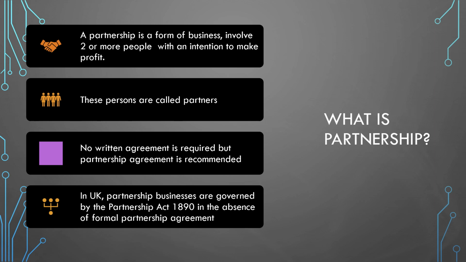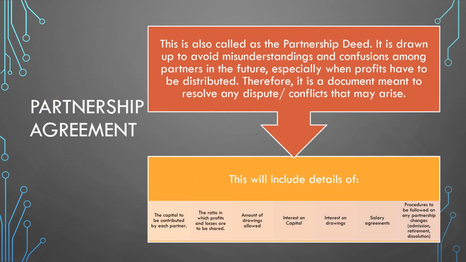So in the UK, based on your syllabus, partnership businesses are governed by the Partnership Act 1890 in the absence of a formal partnership agreement. Meaning to say, if no partnership agreement is prepared, the business is governed by this Partnership Act for certain regulations.